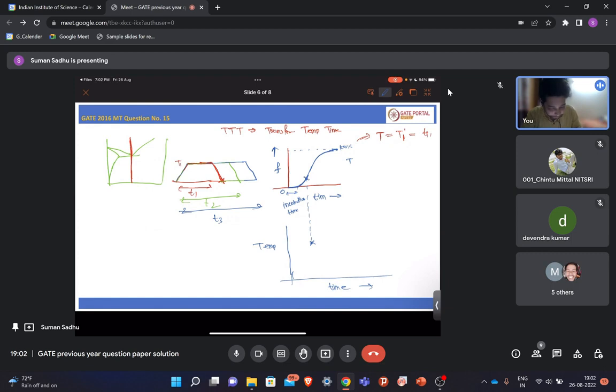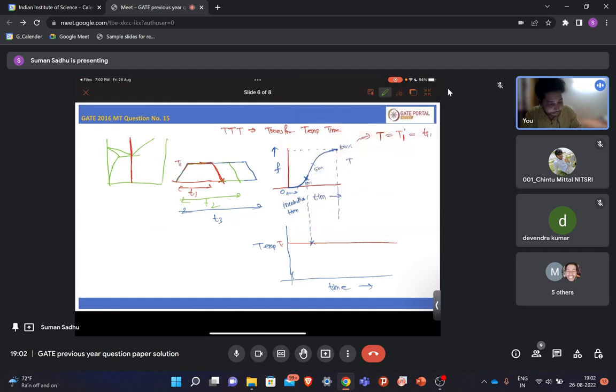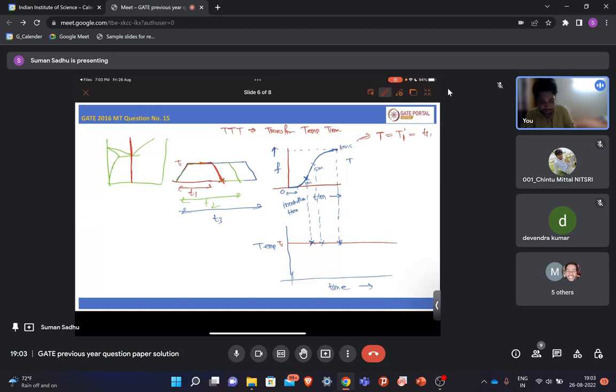Let's say this is the 10% transformation, let's say this is 50%, and this is 100%. So corresponding to the 100%, let's say this is the temperature T1. So corresponding to the transformation, you will get 1 point here for 10%, 1 point here for 50%, 1 point here for 100%, right?